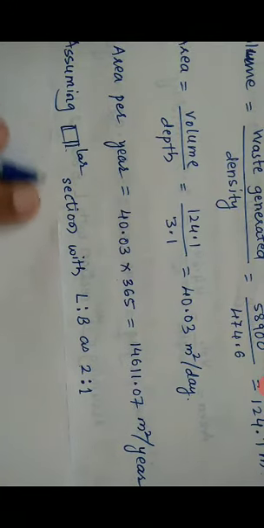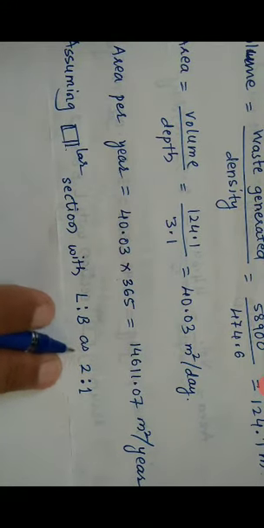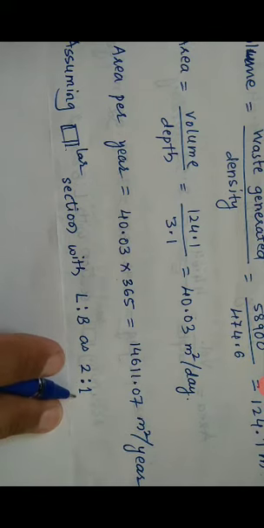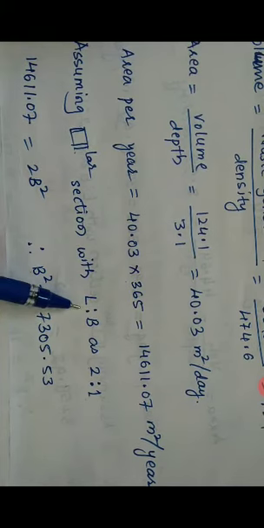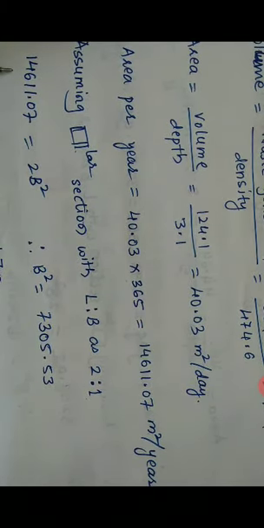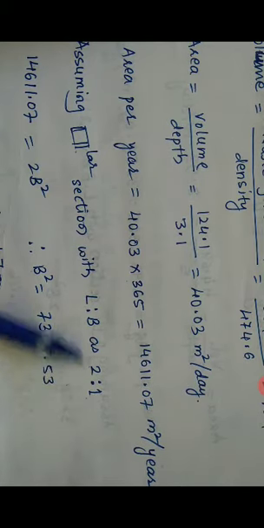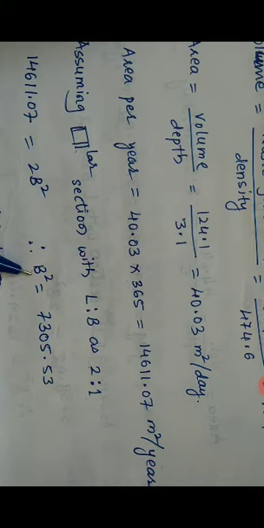Now we will assume a rectangular section with the L to B ratio as 2:1, that is length to breadth ratio as 2:1. If we assume this, we know the formula, area is equal to 2B square if the ratio is 2:1. From this we can find the value of B. So B square is half of this, that is 7305.53.